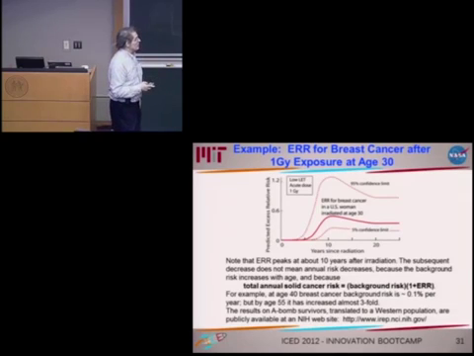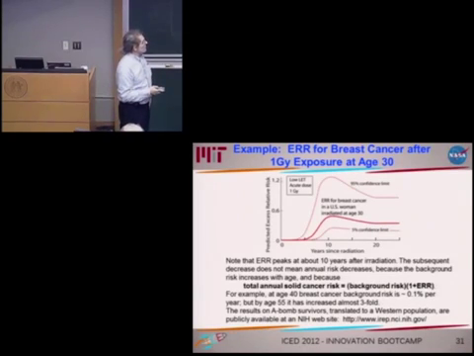But this gives you an idea of how this picture looks in terms of the excess risk. One can go on an NIH website and see more of these statistics if you want to know more about this. I should say that this was standardized to an acute dose of 1 gray. So the excess risk is on the order of 50% or so beyond background due to a 1 gray exposure.